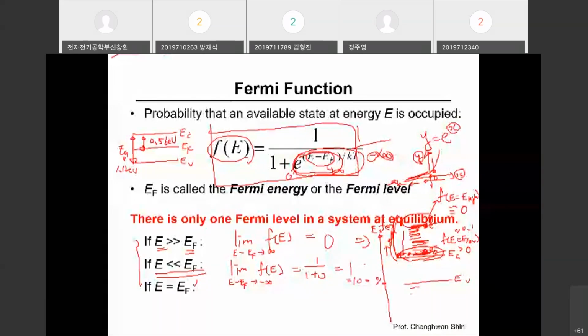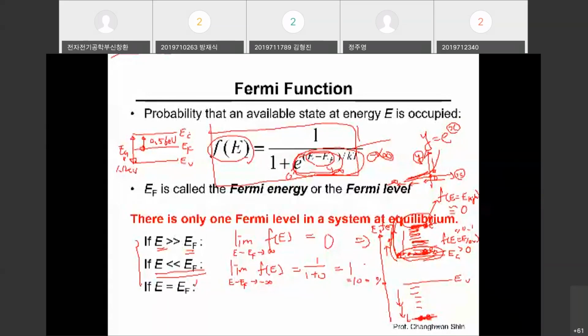Which means in the energy states in the valence band, if you move downward more and more, the probability of finding an electron at this energy level is 100%. So with a probability of 1, you always find an electron in the lowest energy state in the valence band.